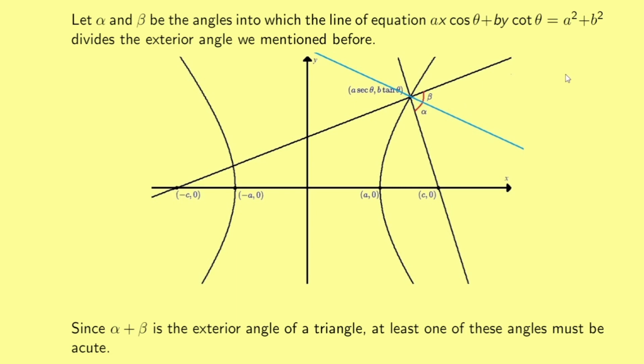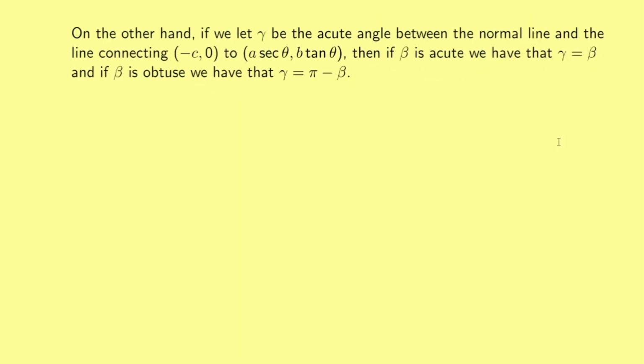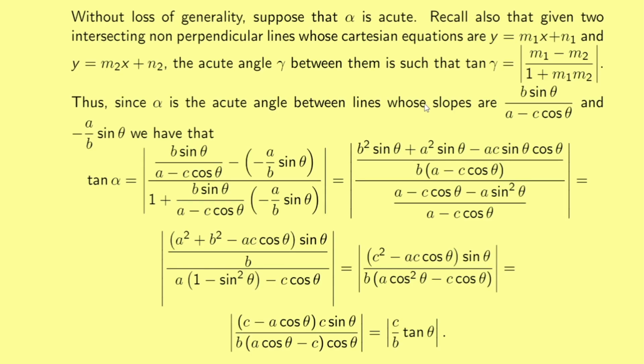And as I mentioned before, there are two options for gamma. If beta is acute, gamma equals beta. On the other side, if beta is obtuse, then gamma must be pi minus beta. Now we use the same formula we used here, for the other two lines.